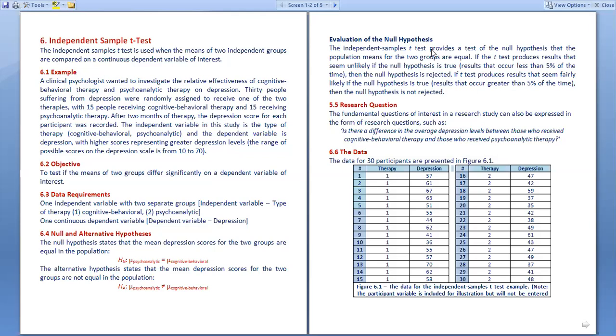And if you look at the alternate hypothesis, H A, it is that mu psychoanalytic is not equal to mu cognitive behavioral. This means that there is a significant difference between the mean level of depression in the people who are being treated using psychoanalytic therapy or cognitive behavioral therapy.